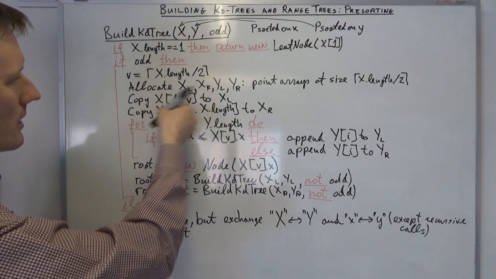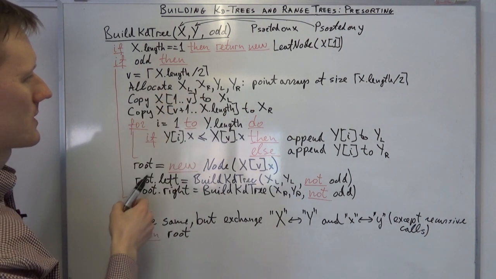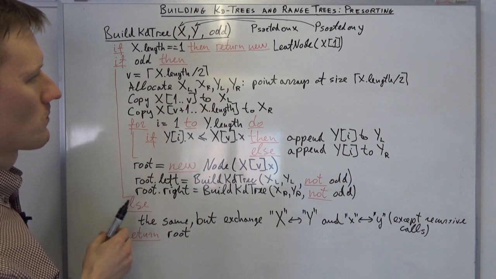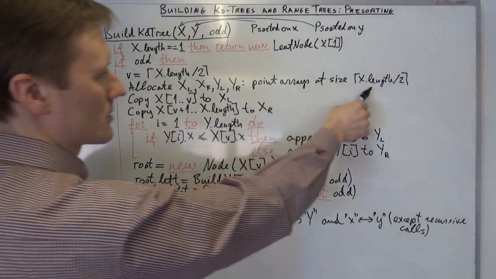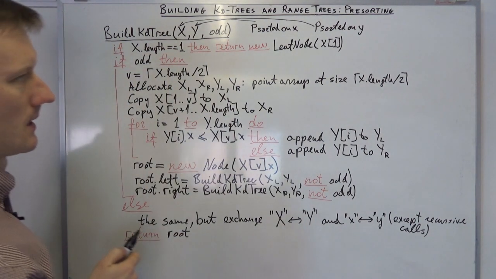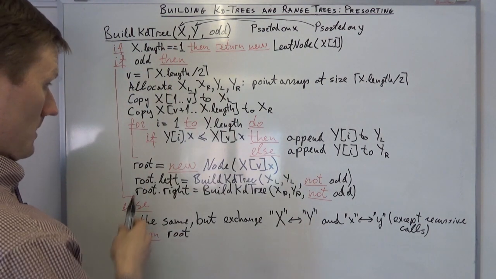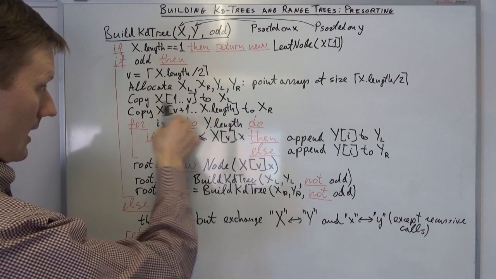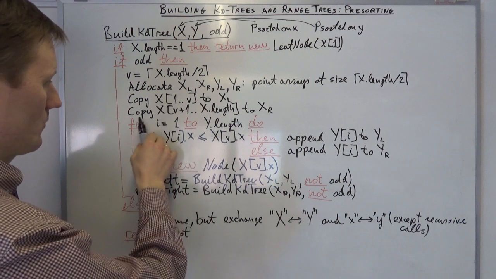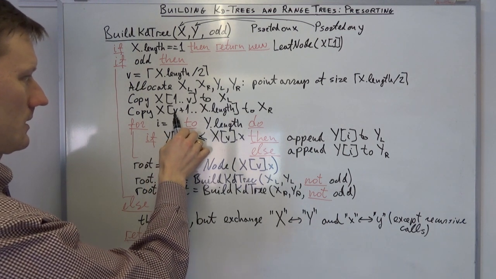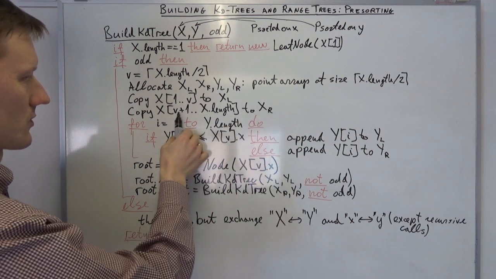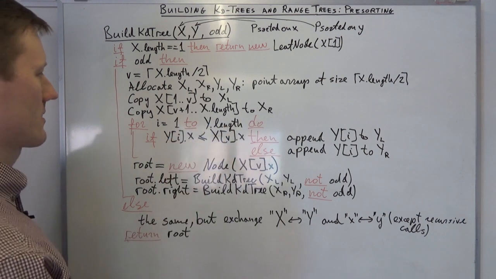Then here we allocate 4 arrays: X left, X right, Y left, Y right. These are new point arrays of half the original size. We copy the first half of the X array, from 1 to V, to XL. We copy all the elements from the second half of the X array to XR, starting from V plus 1 up to the X length.